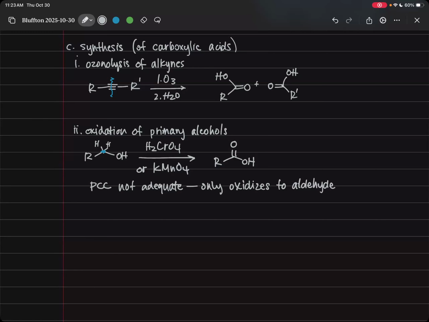If you were to treat this starting material here with PCC, you would only get an aldehyde. So you need a stronger oxidizing agent, like the chromic acid or potassium permanganate, to get that second oxygen onto the molecule.